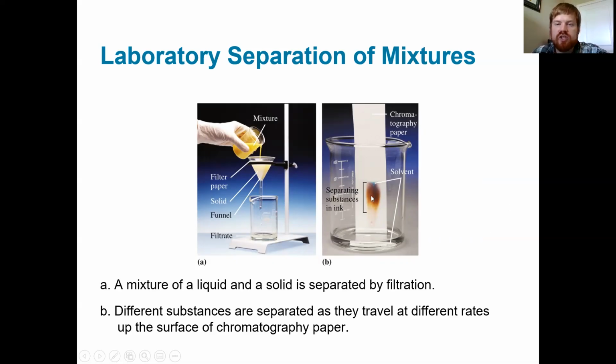So what this is showing you here is that based on capillary effect. So, okay, think about it this way. If you take a paper towel and you stick one corner in a puddle that's on your table. Just spill a little bit of water. Don't try to get your laptop wet or anything like that. But you stick it in there. The water travels up the paper towel, right?